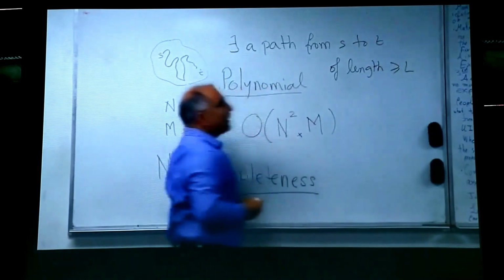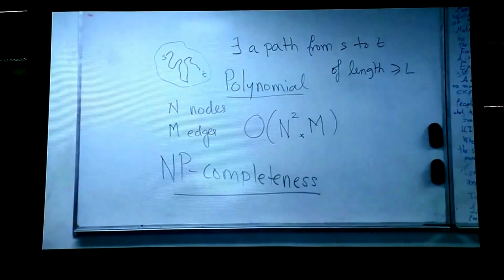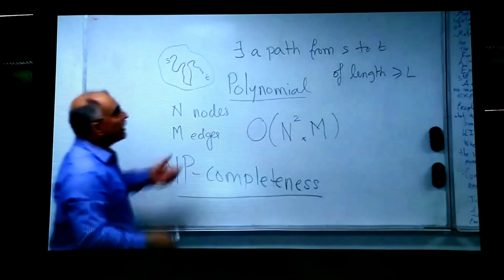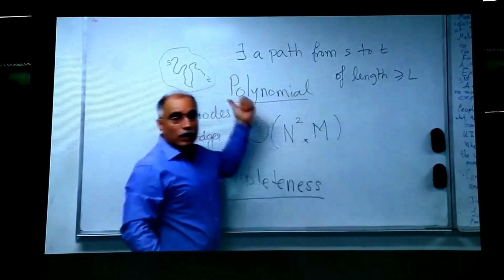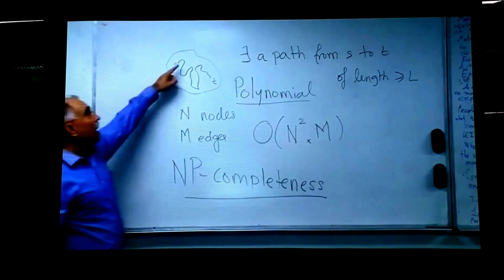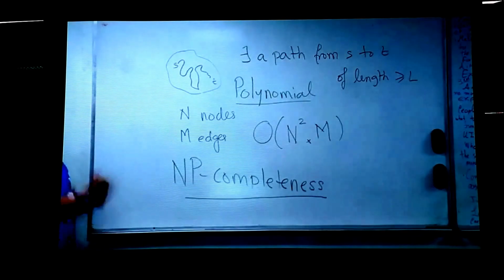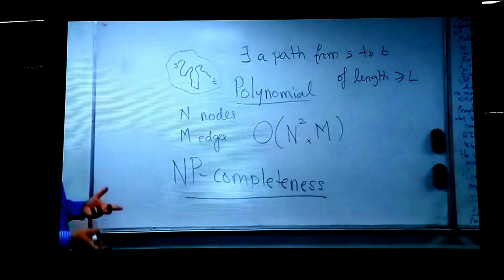Now, I said earlier that we do not yet know of a polynomial time algorithm for this problem. But suppose the answer to this question for this particular graph happens to be yes, then if I give you a path of length at least L, then it's easy for you to check that path in polynomial time.